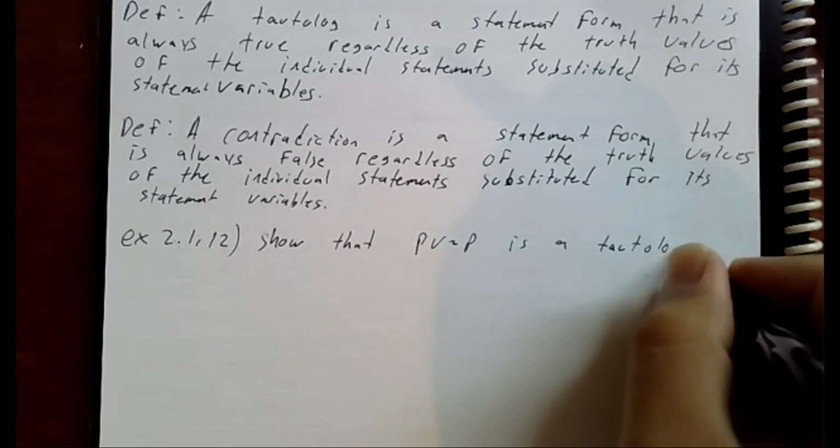Tautology lowercase t, contradiction lowercase c. The following is true. So here is the commutative law.